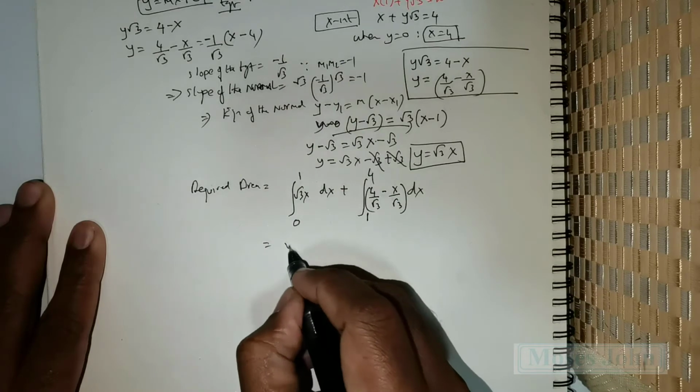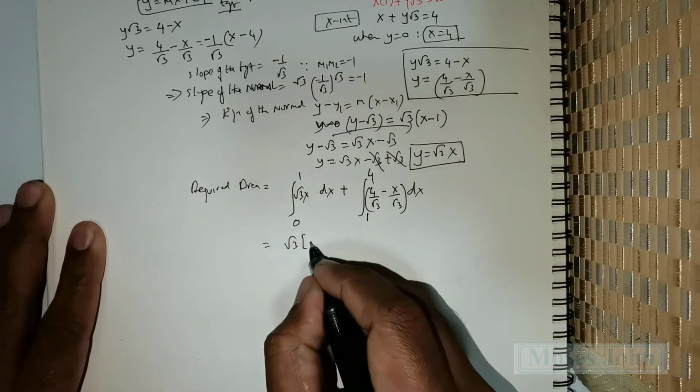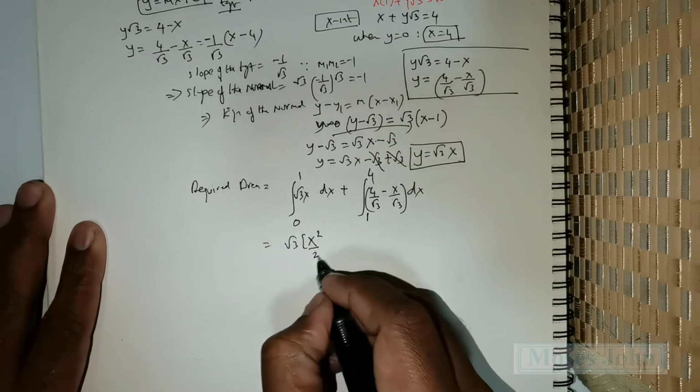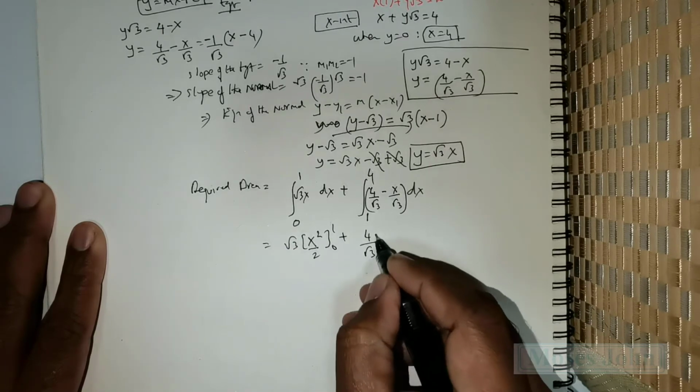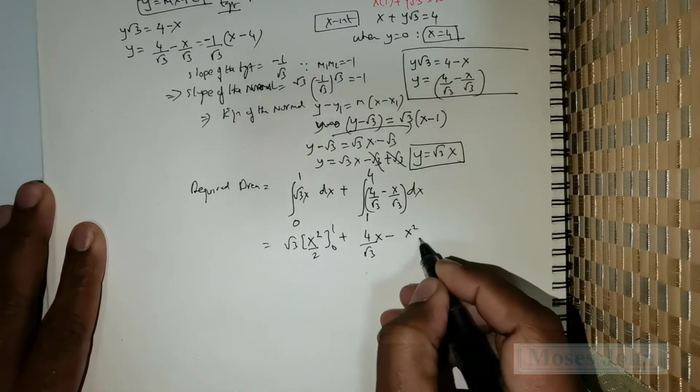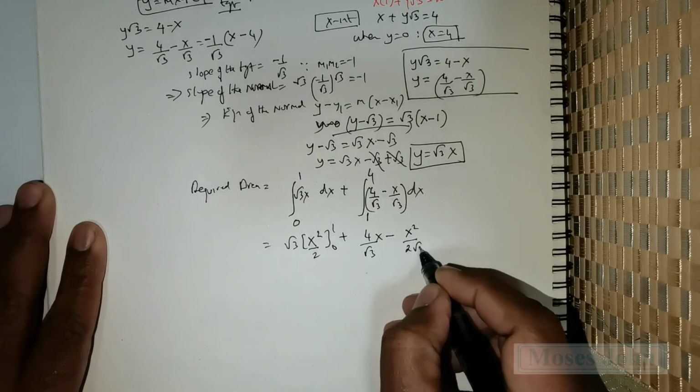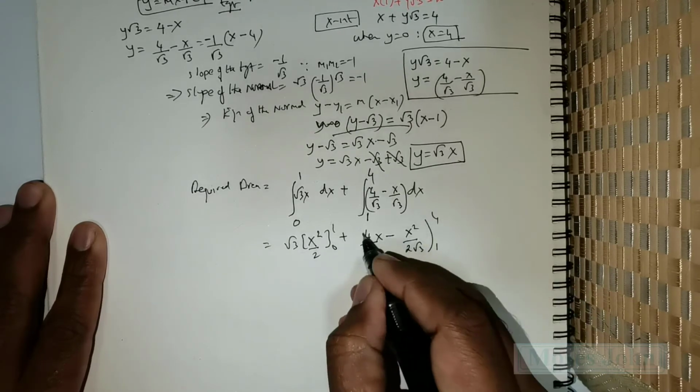Now this is equal to root 3 times x, integration will be x squared over 2. The limits are 0 to 1, plus 4 over root 3 times x minus x squared over 2 times root 3. The limits are 1 to 4.